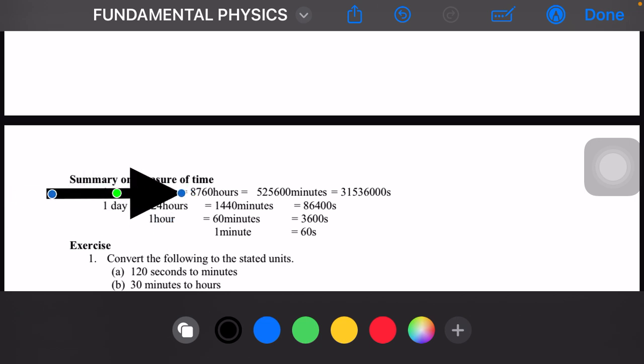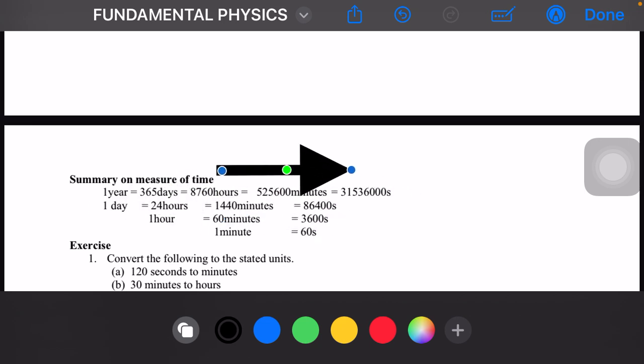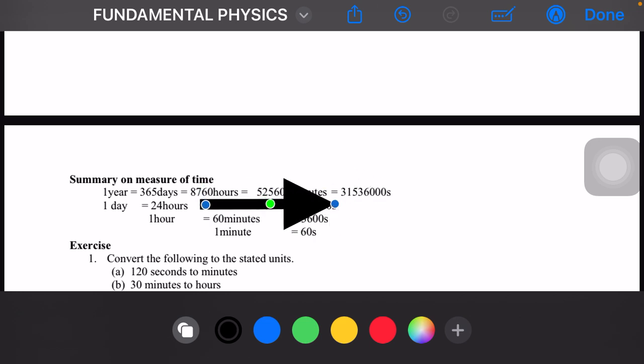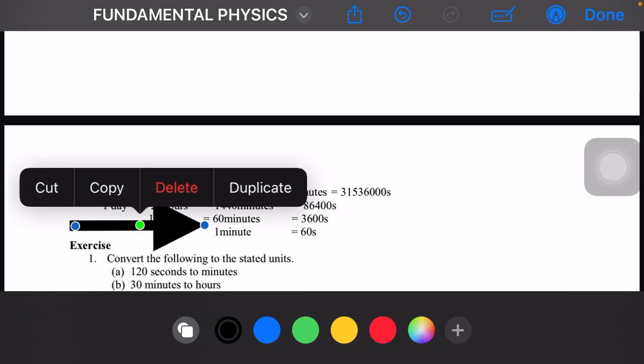In 365 days, we have how many hours? We have 8,760 hours. And in these hours we have these minutes, and in these minutes we have these seconds. So technically, many seconds are there in the year. Okay, that's clear.